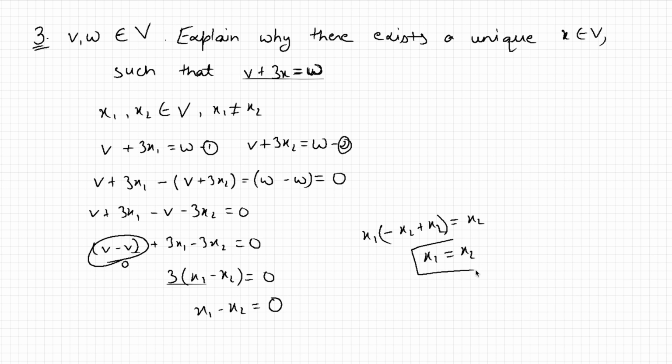So we prove that x1 equals x2, which is opposite to what we started with. We said that x1 is not equal to x2. So hence by contradiction we say that this is not correct, and x1 and x2 are the same, and let's say this is x, so there is a unique x which satisfies this condition.